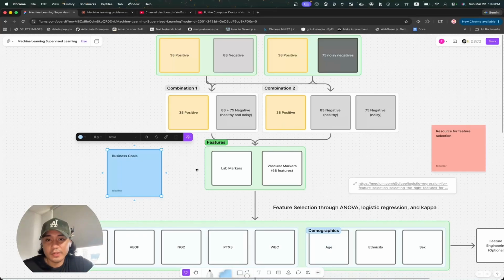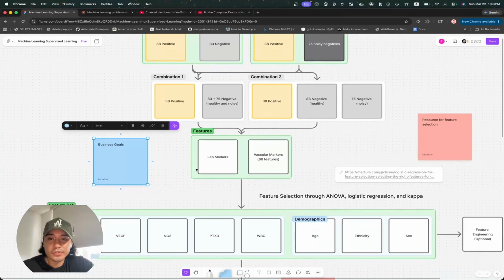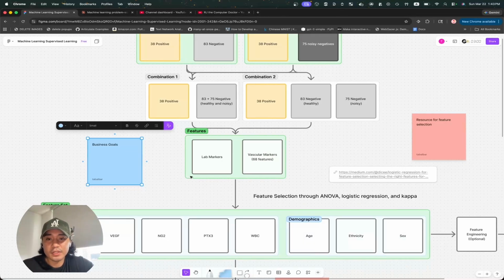The next thing that we can look at is what kind of features do we have. So features are basically anything that you can put into the model that the model can learn from. In sicknesses, the basic thing that you can look at is blood markers, which include things like your white blood cells, red blood cells, hemoglobin, and all the other blood markers that you would typically get when you are trying to get a blood test.